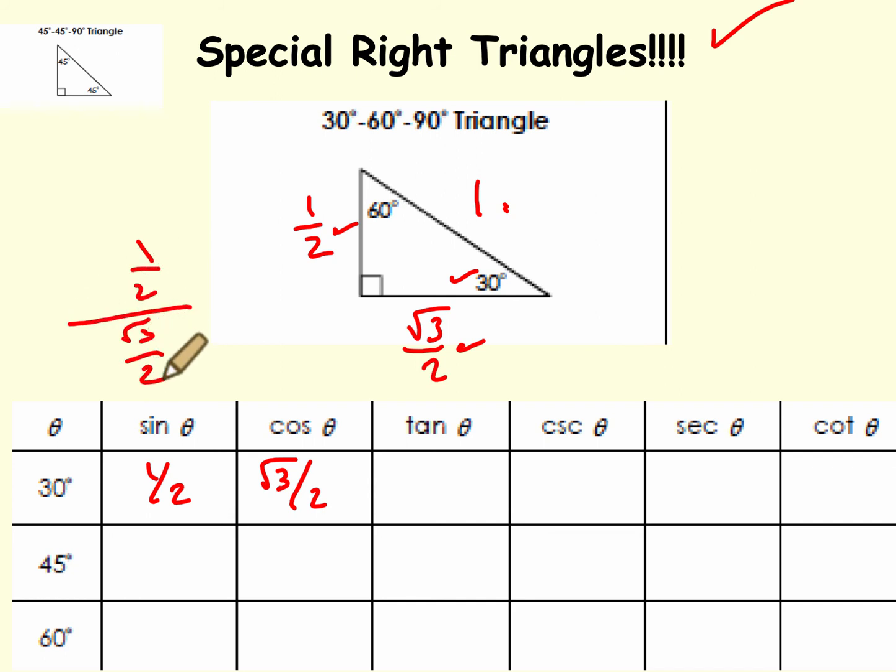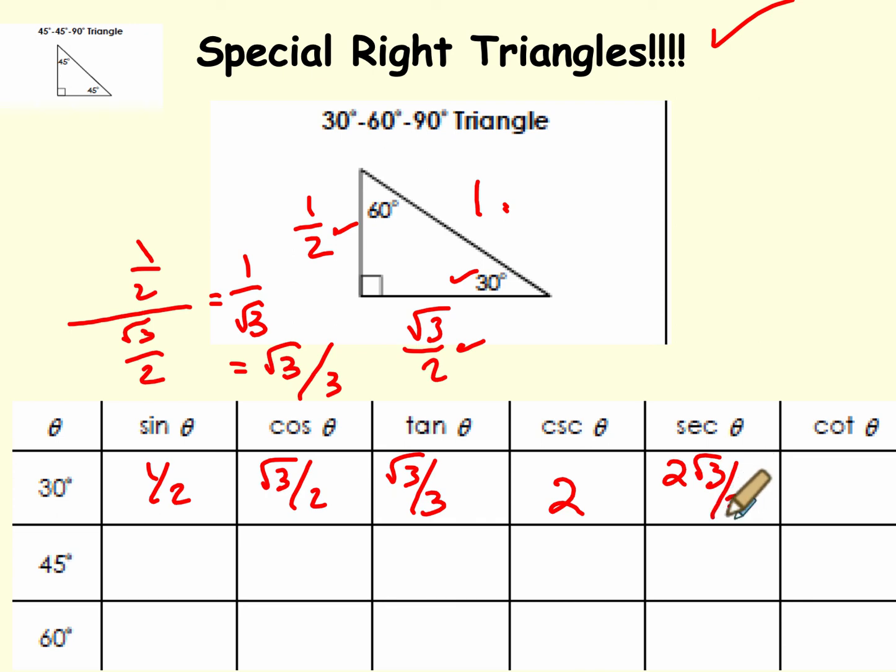So remember, when you're doing this, you end up with 1 over the square root of 3, and when you rationalize it, it's just square root of 3 over 3. Okay, and then cosecant, secant, and cotangent are its reciprocals. 2 square root of 3 over 3 when I rationalize it, and square root of 3 is the reciprocal of 1 over the square root of 3.